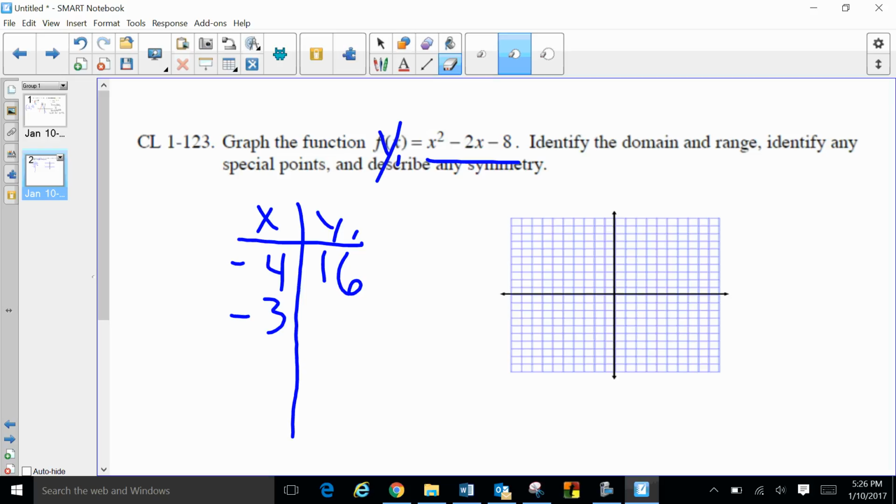Sorry about that. Doing this completely without a calculator, so I apologize. And then at -2, I get negative. Okay, I quit.